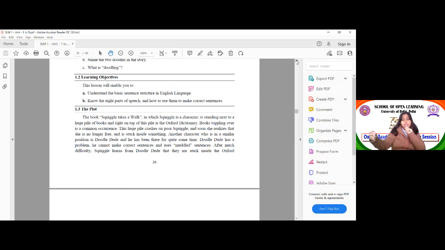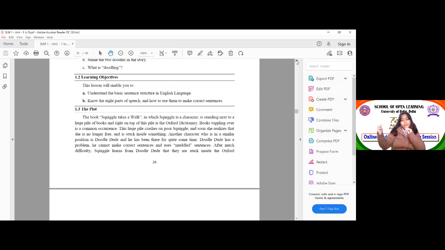And we know that Squiggle comes across this pile of books, and on the top of the pile is an English dictionary, which falls, like the whole pile falls on Squiggle, and he gets stuck in the English dictionary.